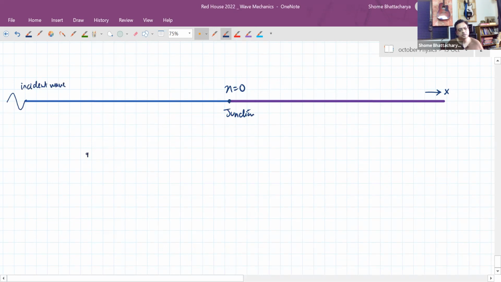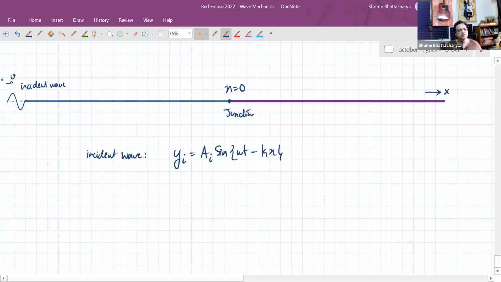Let's say we write the incident wave as y incident equals some incident amplitude times sine of omega t minus k1 x. Just to simplify matters, let's say we have taken the phase constant phi as 0 for the incident wave.